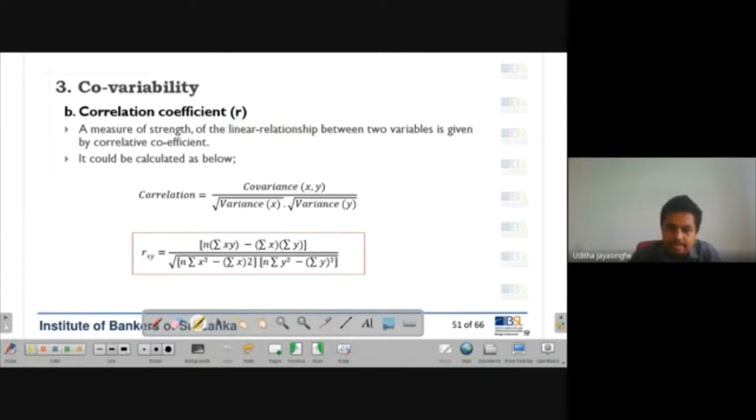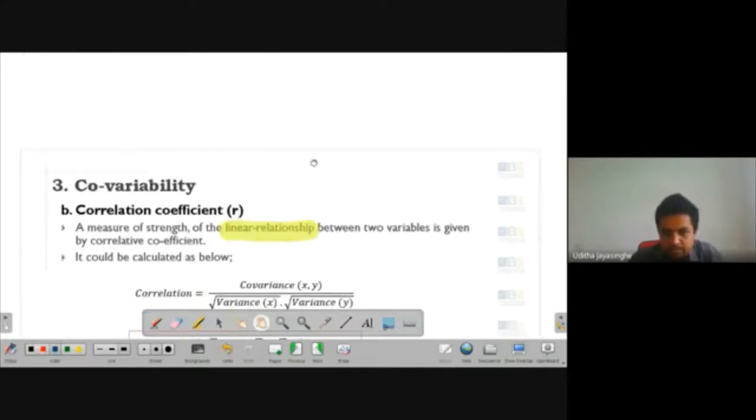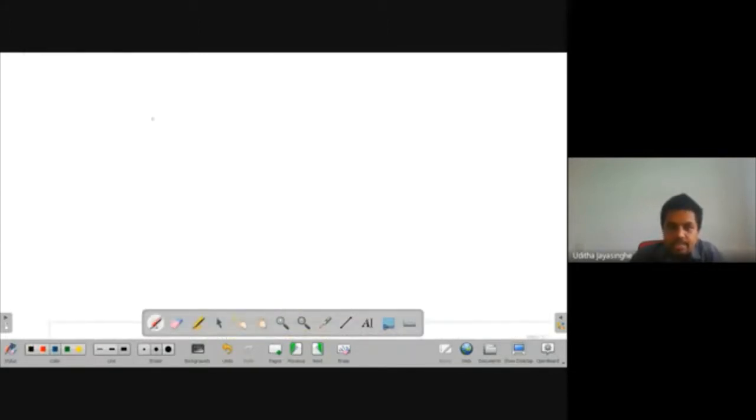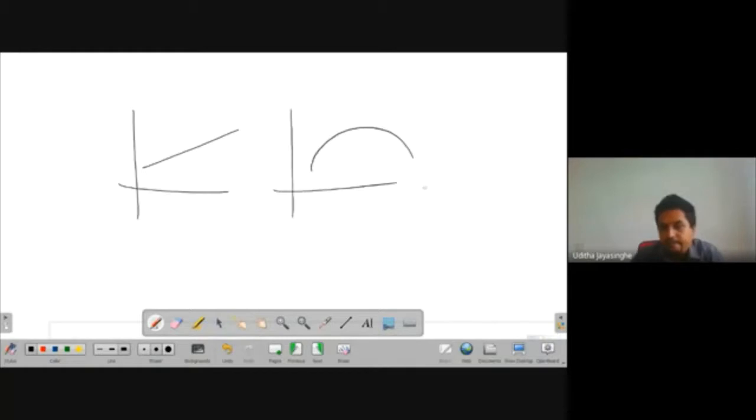Now, students, in statistics and in mathematics, there can be different relationships between two variables. Linear relationship is the easiest one, something like this. But what about something like this? Something like this.